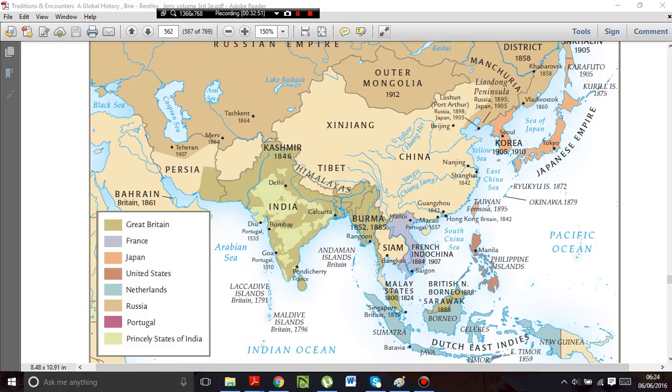And of course, China wasn't, but China's not Southeast Asia, China's East Asia. So Siam, which is now modern-day Thailand, was the only one that wasn't under imperial rule.